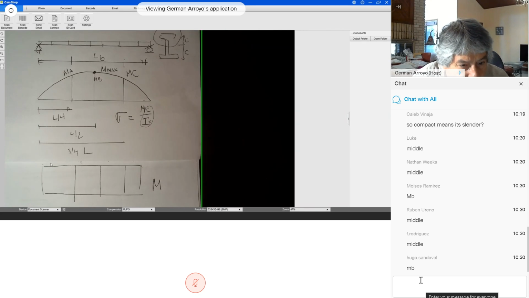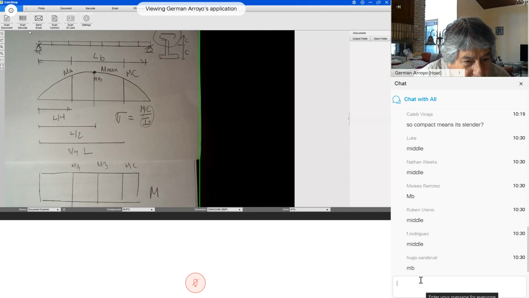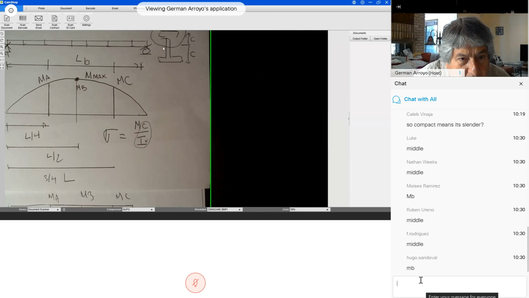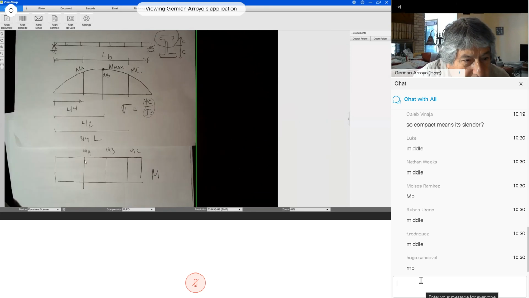The moment in here is uniform, M all over. And this is MA, MB. Now if we look at the same beam, we look at the stresses. If I look at the stress in here compared with the stress in here, based on this moment diagram, which one is larger? The one at A or the one in the middle?